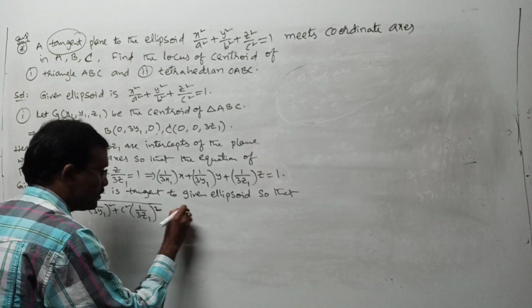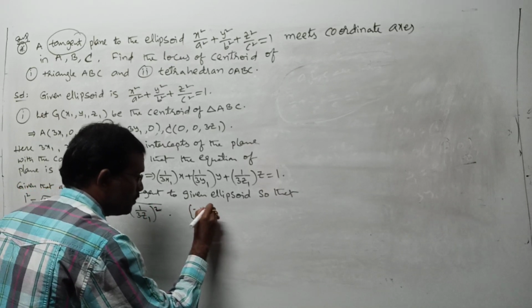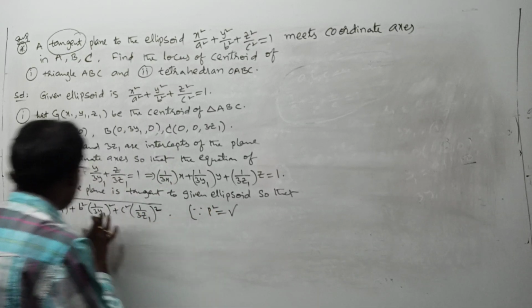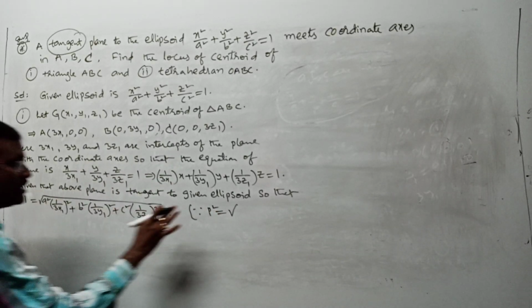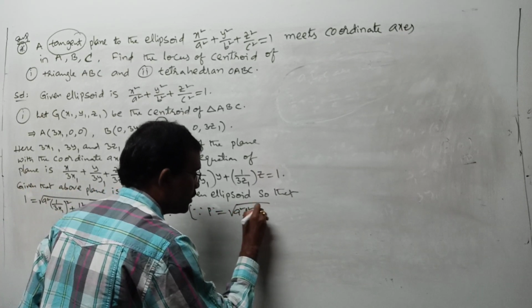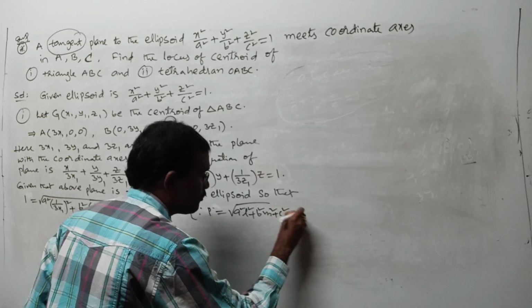I am writing this clearly for your convenience. Since p is equal to the square root of a square l square plus b square m square plus c square n square, and the value of p should be 1, so 1 is equal to this. Afterwards you can square it.